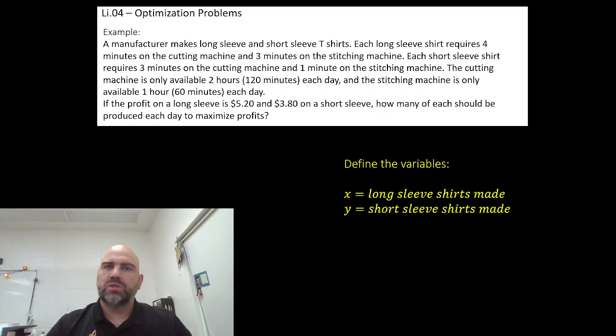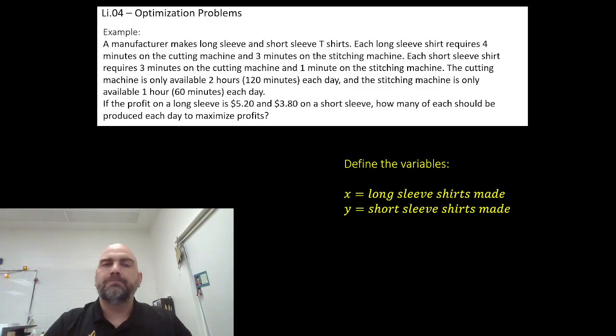Now, if you want to switch these around for the x and y, that is fine. But when we define our variables, we are determining what value x is going to be and what value y is going to be, so that when we do different calculations to them, we understand that those are our variables.